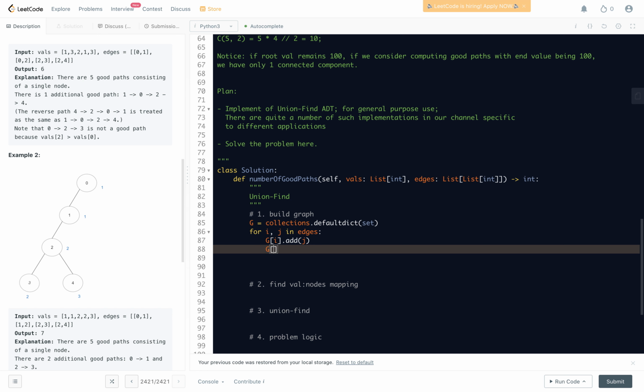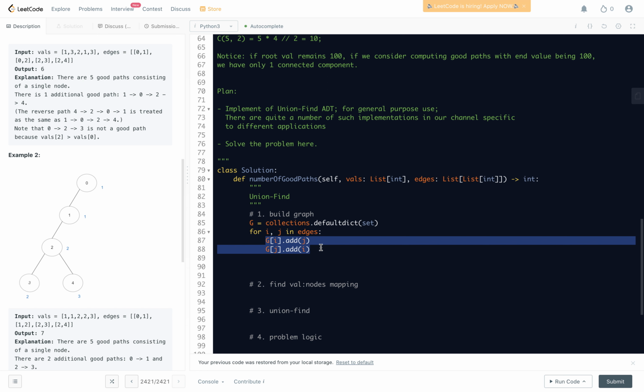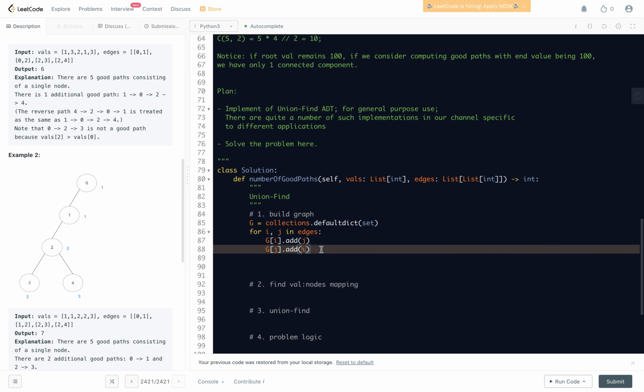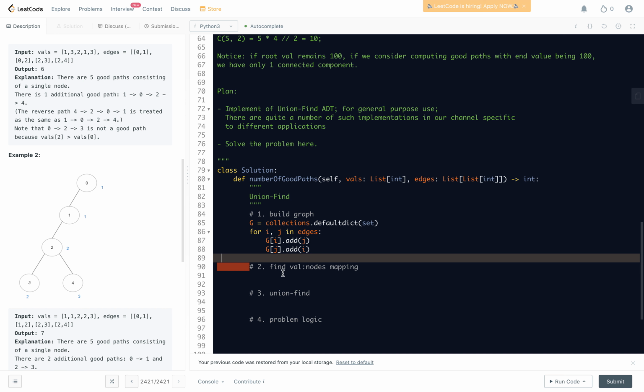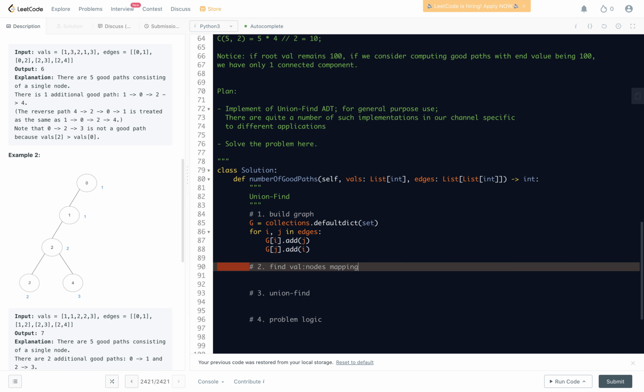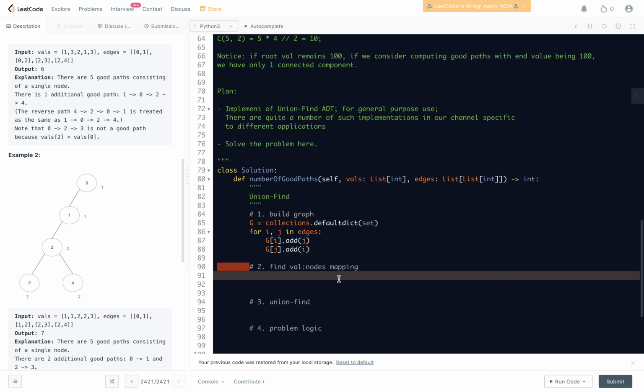We add the node j to the adjacency set of node i, and similarly we do the reverse: G of j add i. The reason we do this is because the edge is bidirectional, or undirected. So this is part 1. We build this graph so that we can track the neighbor relations.